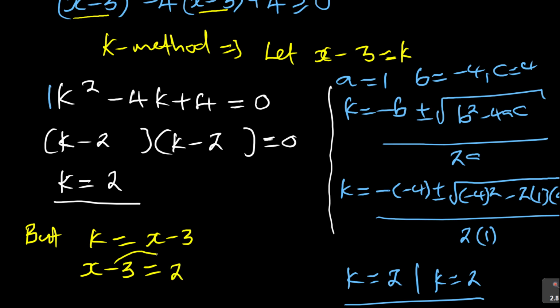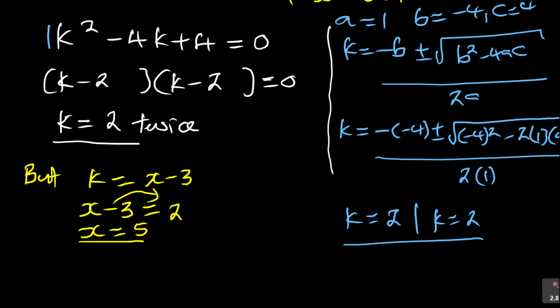So take 3 to the other side, you can see that x is equal to 5. So x is equal to 5 twice, because you are getting the same value there.